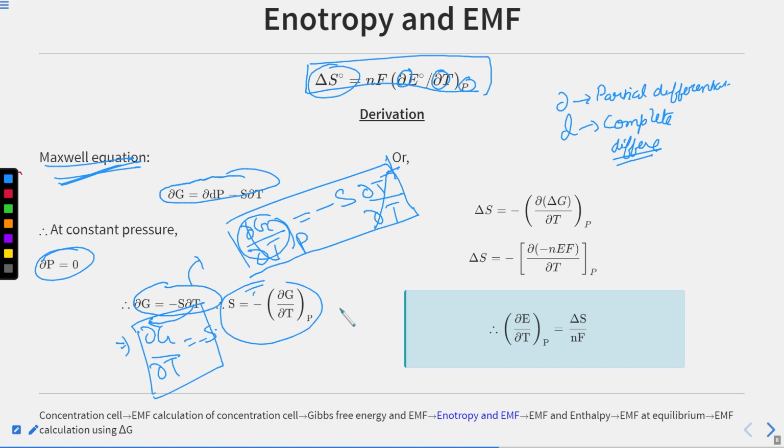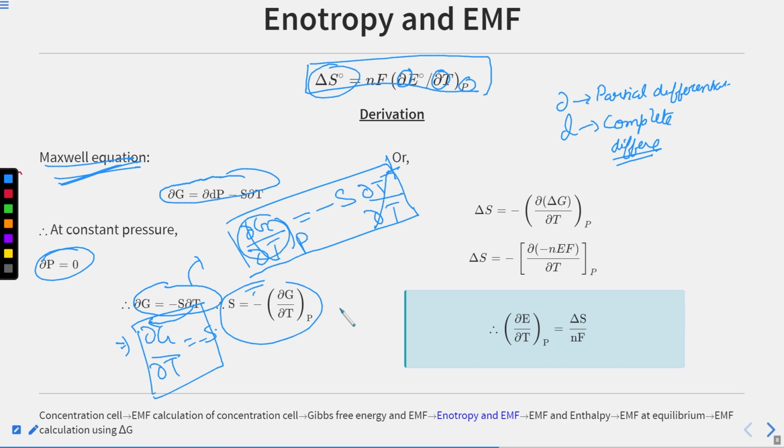So those who have studied thermodynamics minutely must have seen that whenever we calculate any thermodynamic property, we do not calculate the absolute value of it, because it is impossible to calculate the absolute value. Rather than calculating the absolute value, we are always interested in calculating the change in entropy or change in any thermodynamic property.